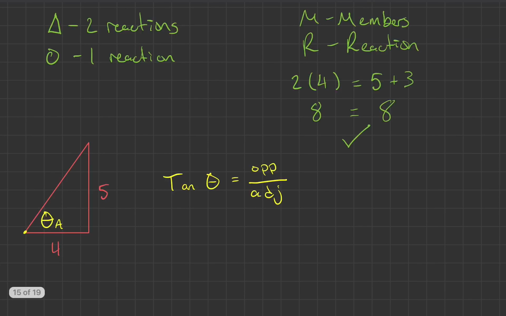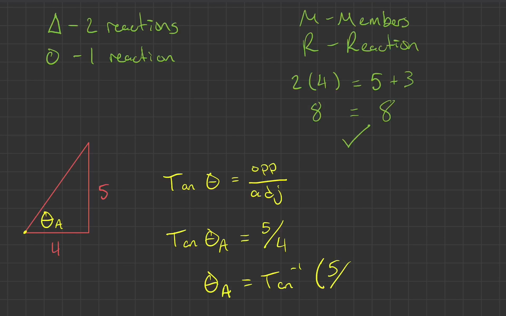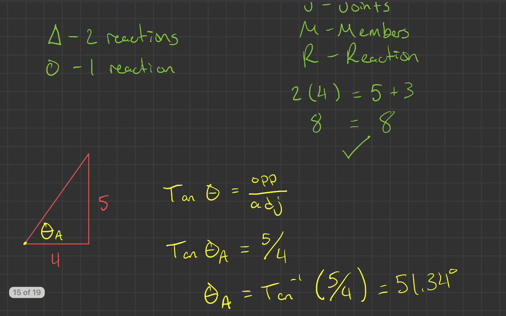So in our case, if we are solving for the tangent of theta A, it's going to be equal to 5 divided by 4. But to get theta by itself, we have to take the tan inverse of each side, which is going to give us theta A equal to the tan inverse of 5 divided by 4, which is going to be equal to 51.34 degrees.